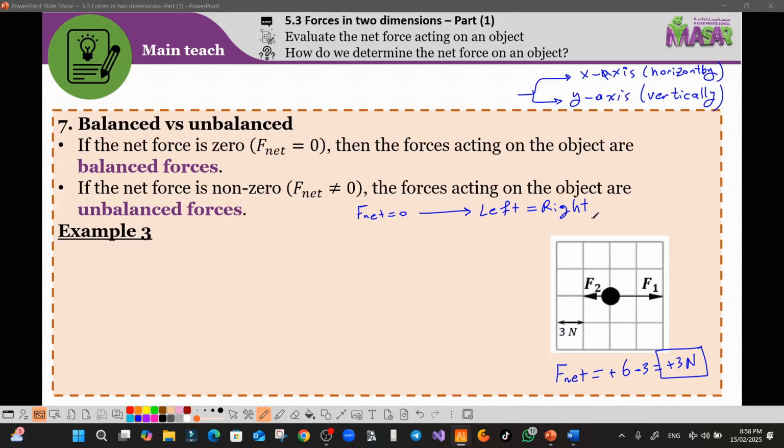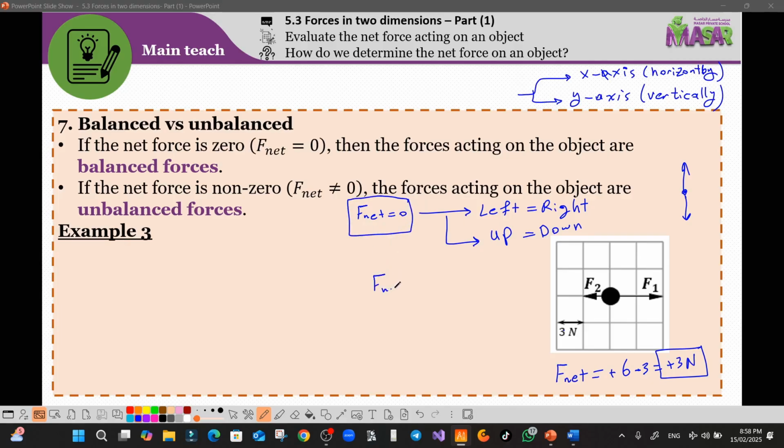This would be the x-axis balanced forces, or the horizontal balanced forces, or they are balanced along the horizontal. Or we can say the up equals down. So the forces upward are equal to the forces downward, which means again the F net is equal to 0.